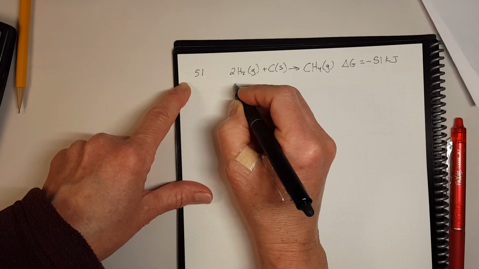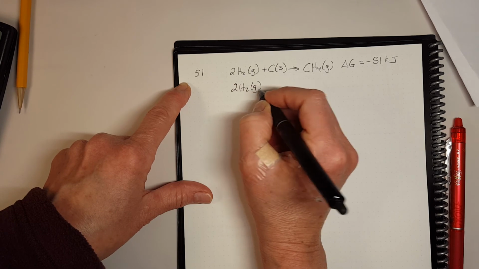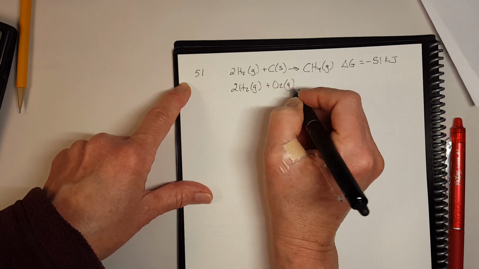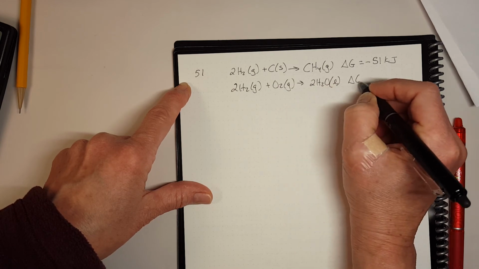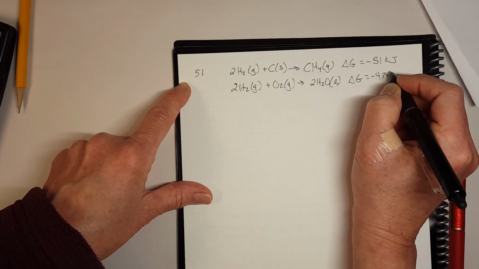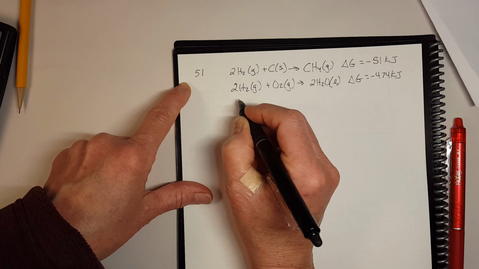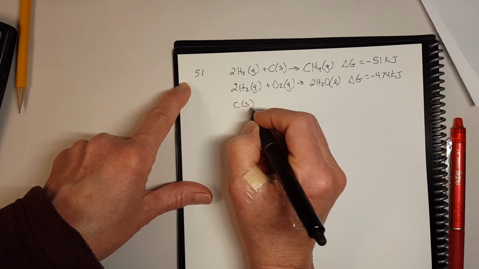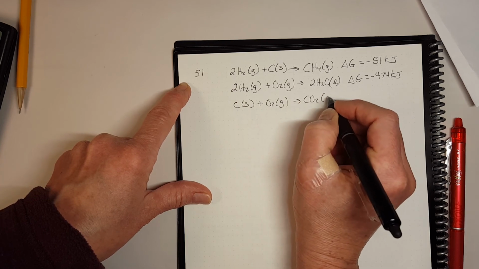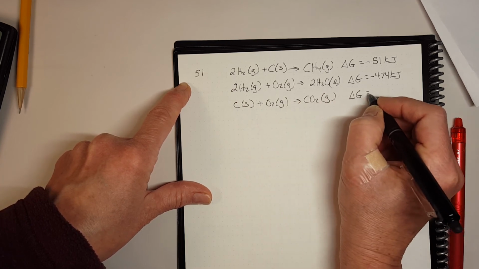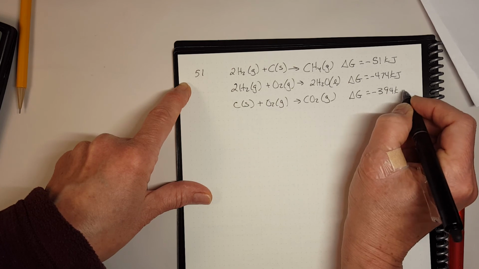And then the next equation is 2H2 gas plus O2 gas makes 2H2O liquid. And the Gibbs free energy for this one is negative 474 kilojoules. And then the third equation is C solid plus O2 gas makes CO2 gas. And the Gibbs free energy for this one is minus 394 kilojoules.